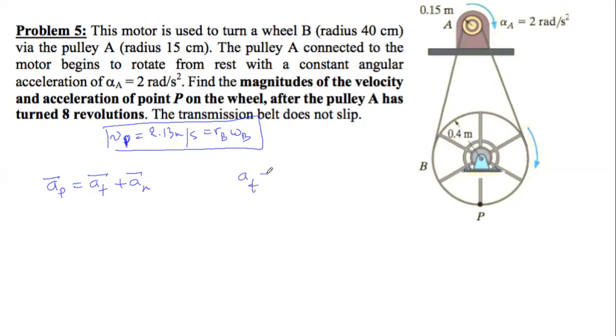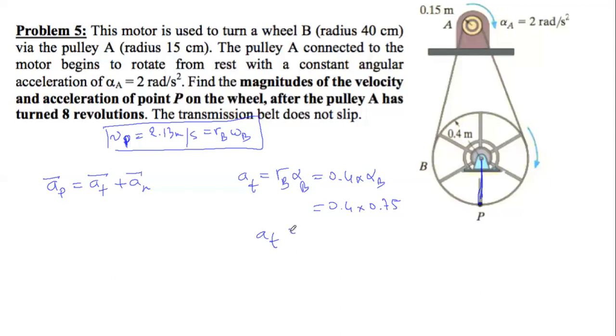What is the tangential acceleration? The tangential acceleration in magnitude will be RB times alpha B, because I'm looking at this point P. So it will be 0.4 times alpha B. So it's 0.4 times 0.75.